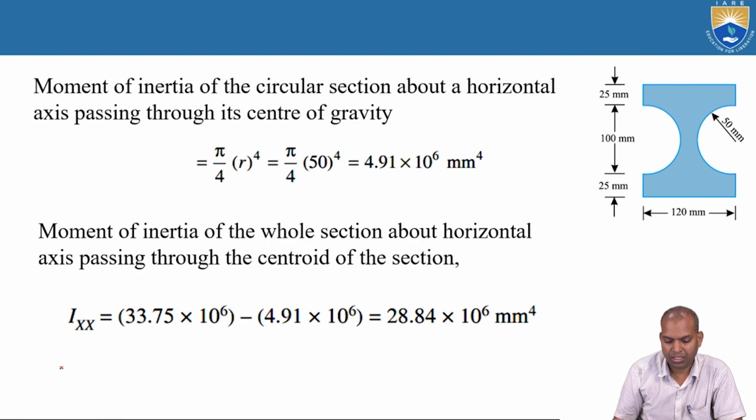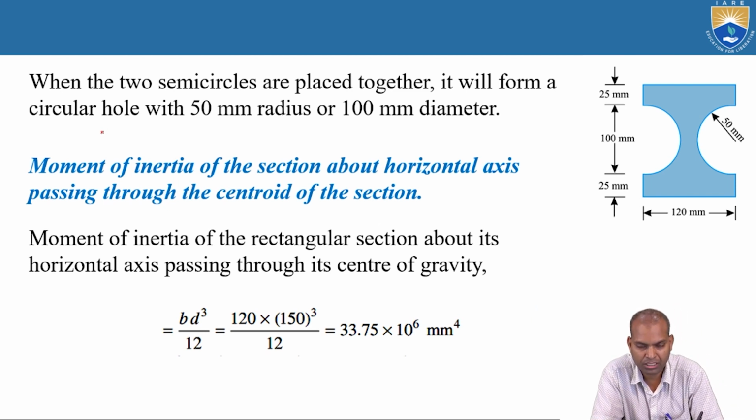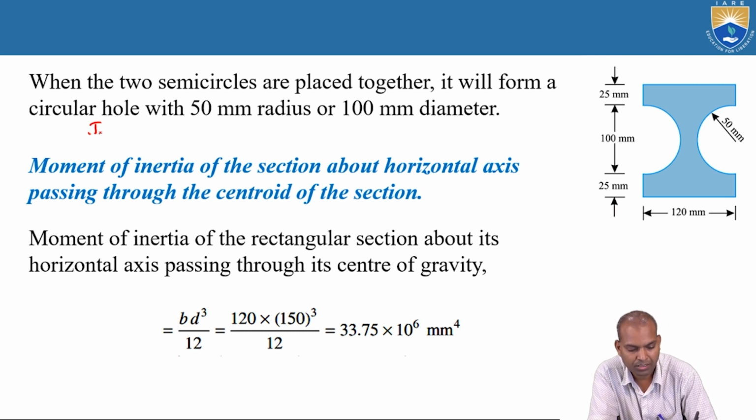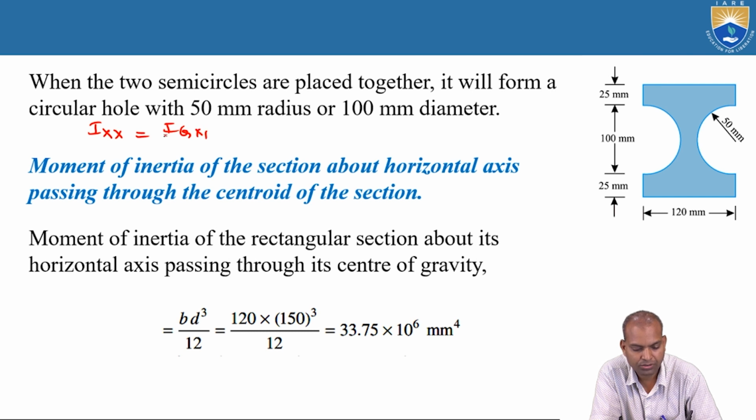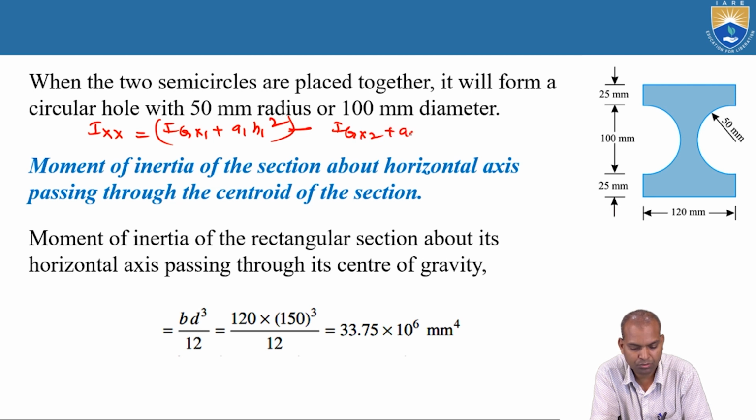The moment of inertia for a hollow section, where there are two axes of symmetry, is found by applying the parallel axis theorem. Ixx equal to Igx1 plus A1 times H1 square, minus of Igx2 plus A2 times H2 square.